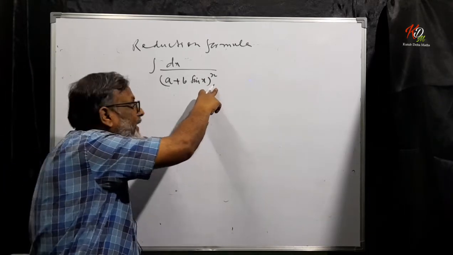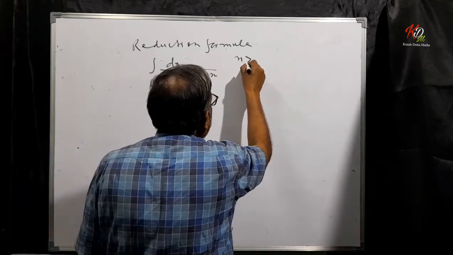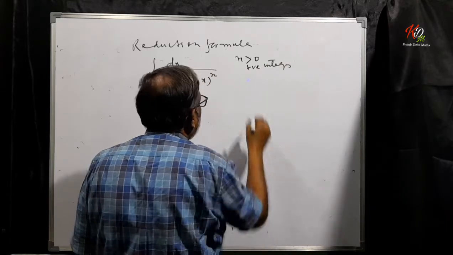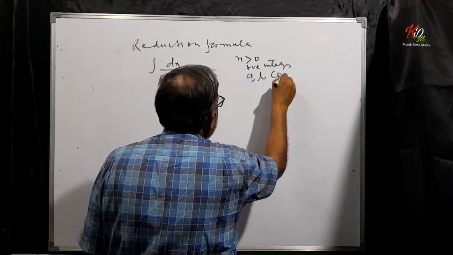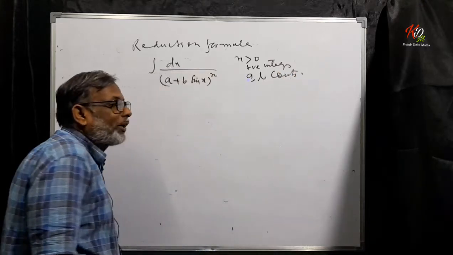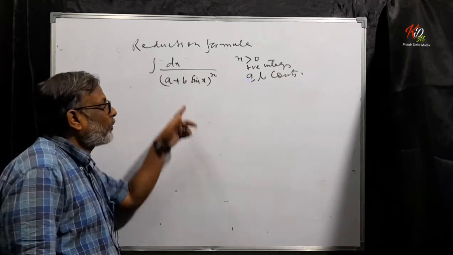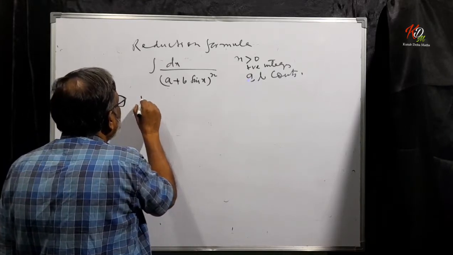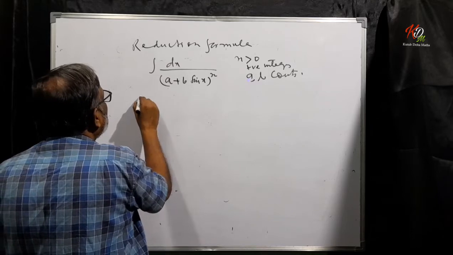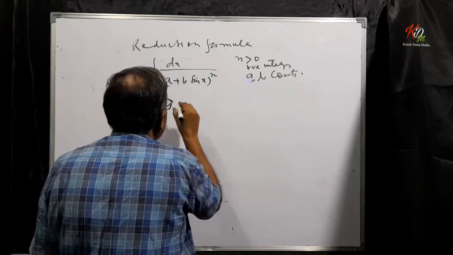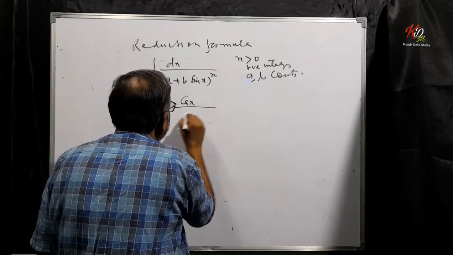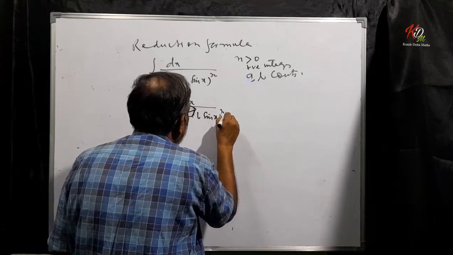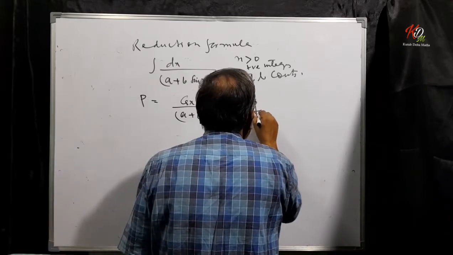For such problems, what is the process to find out the reduction formula? Firstly, we let P equal to cos x by a plus b sin x to the power n minus 1.